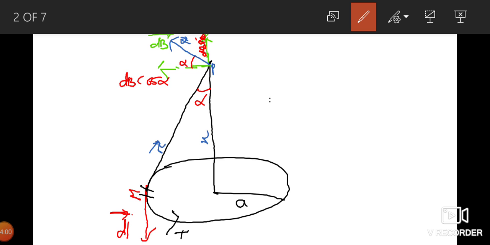So we get dB cos alpha and dB sin alpha.